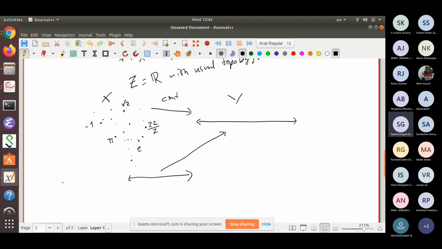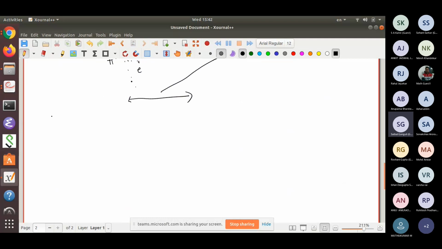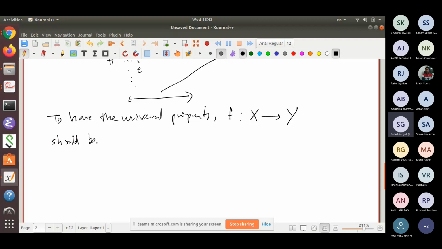So to have the universal property, f from X to Y should be an embedding.